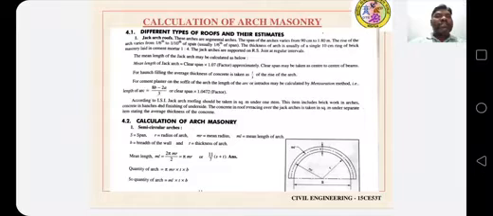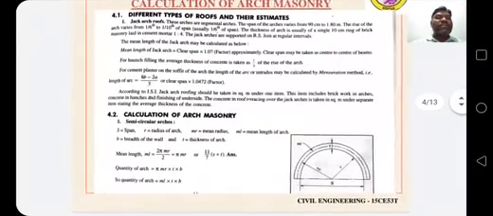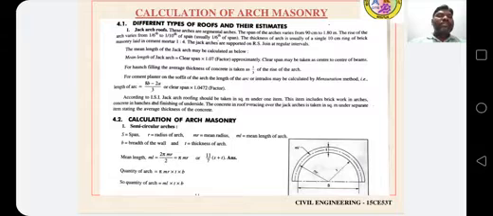These arches are segmental arches. The span of the arch varies from 90 cm to 1.8 meter. The rise of the arch varies from 1/6 to 1/10 of span, usually 1/6 of span.